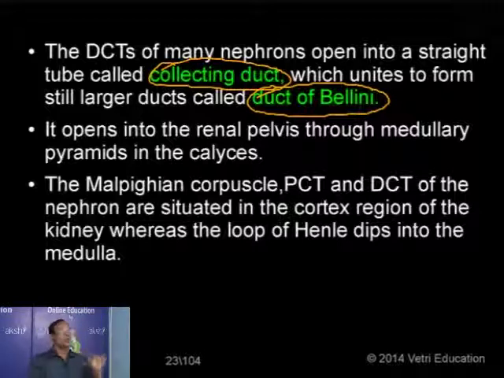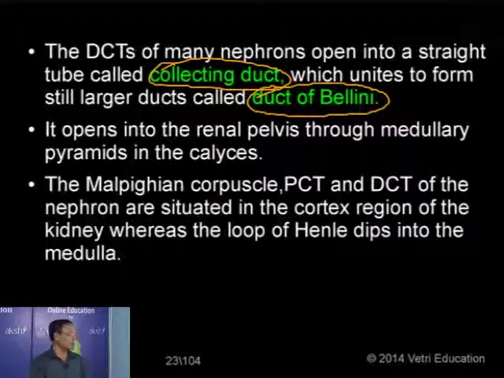Now regarding the location, whether these structures are found in the cortex or in the medulla, we have to know this. Starting from the Malpighian body, then the proximal convoluted tubule and the distal convoluted tubule, all these structures are normally found in the cortex region. Whereas the loop of Henle is found only a little in the cortex and mostly dips into the medulla.